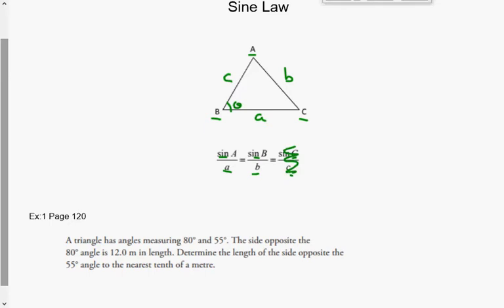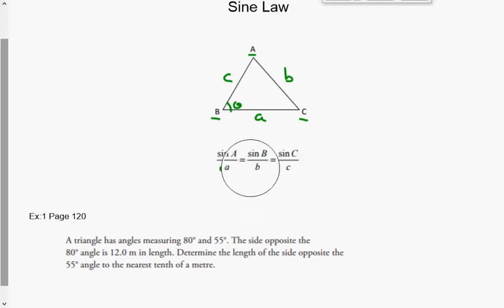You're only going to be working with 2 out of 3. So it could be sine A and sine B, or sine B and sine C, or sine A and sine C. Something like this. All right, and you're going to need 3 out of the 4 things. Sorry. Okay, and then you'll solve for stuff.